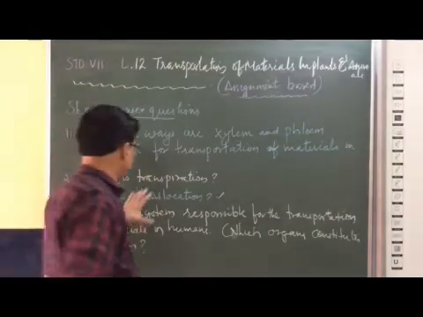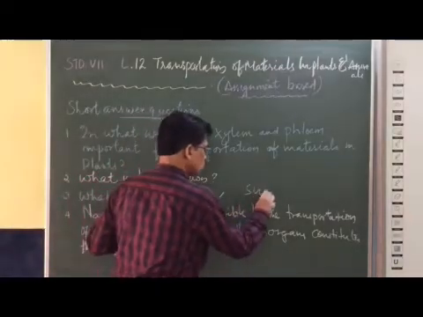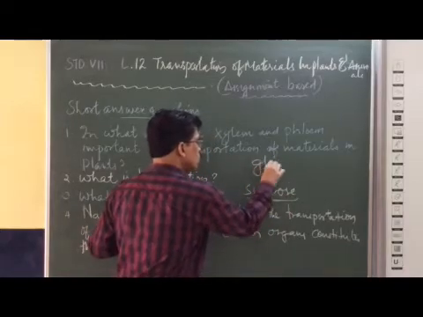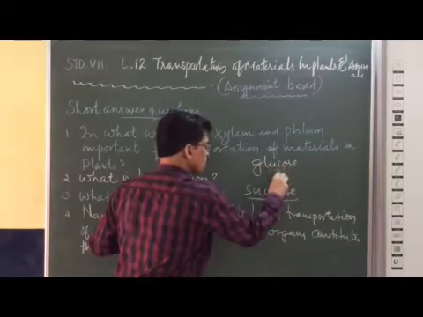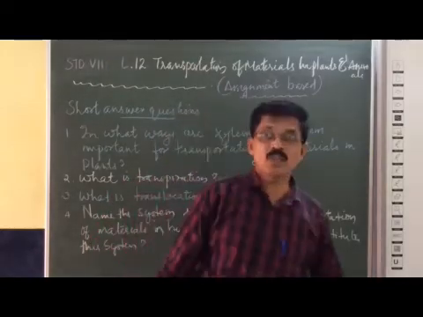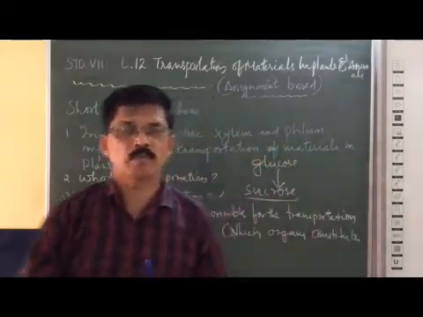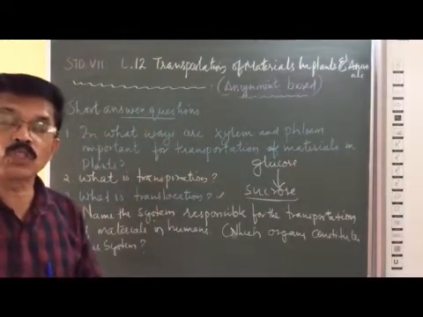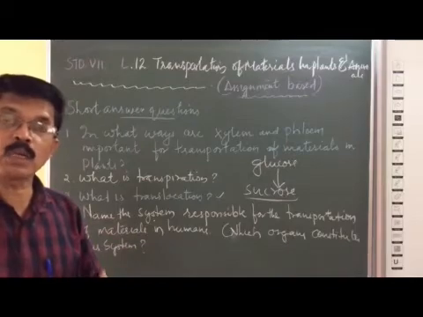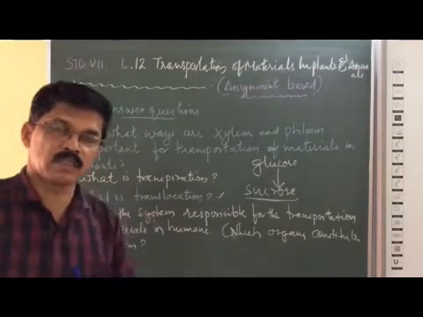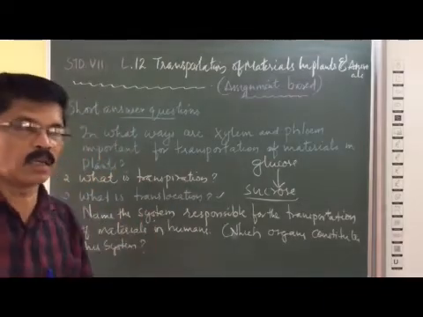Food is transported in the form of sucrose. It means that glucose is converted to sucrose, and sucrose is transported through the phloem. So we can understand that the transport of food or sucrose from the leaves to other parts of the plant through phloem is called translocation. It's very clear? Everybody is clear.